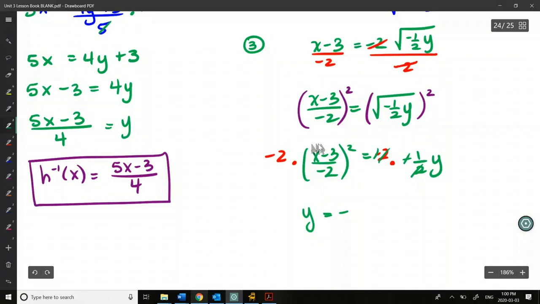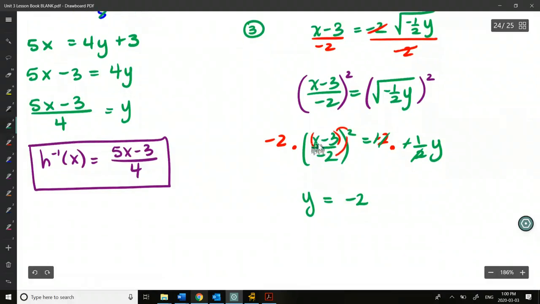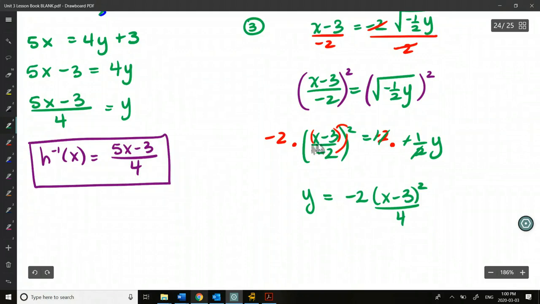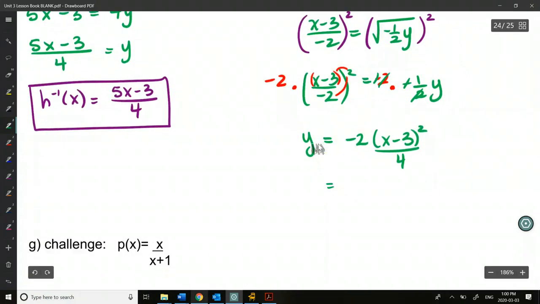I'm also just going to clean up a little bit what's inside the bracket, and I'm going to apply the squared onto the x minus 3 in top here, and also to the negative 2 on the bottom. So what's negative 2 squared? It's 4. So I have over 4 here. And I'm just going to gather this, because this is like an a value right here, if we're thinking about transformations.